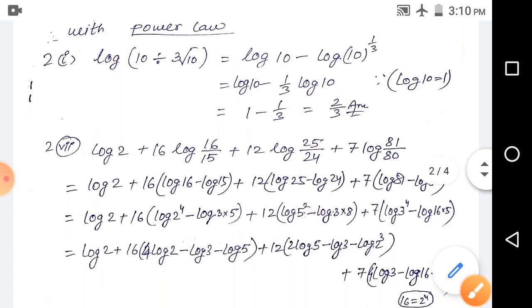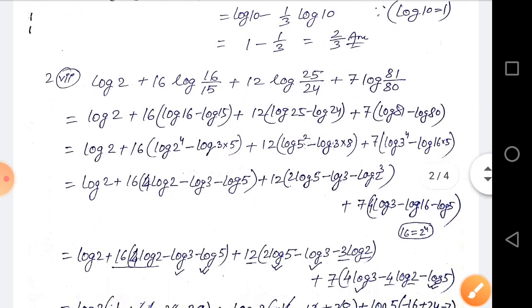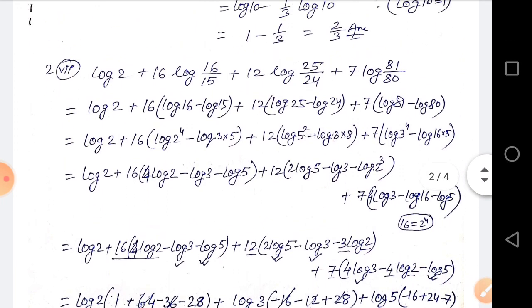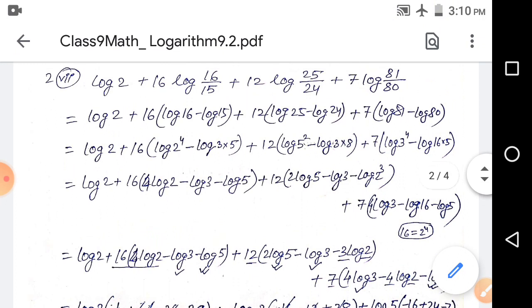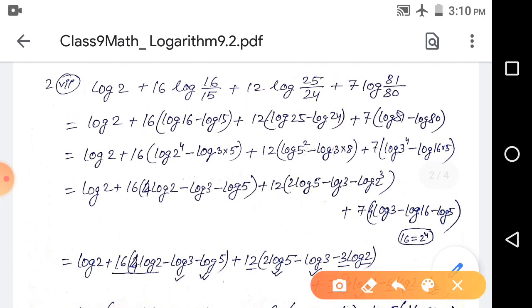Now see the question number 2, bit number 7. We have a lengthy question here. See, log 16 by 15, 12 log 25 by 24, and 7 log 81 by 80.